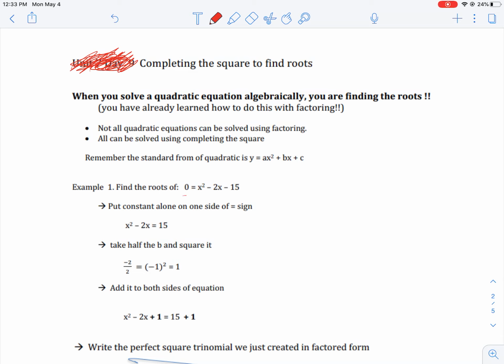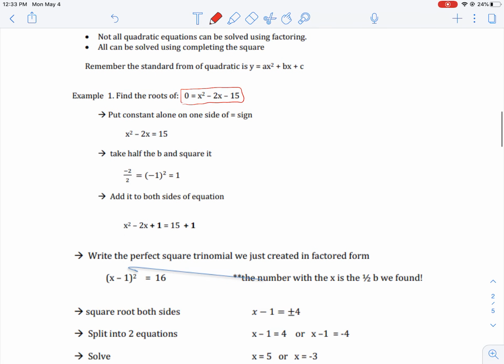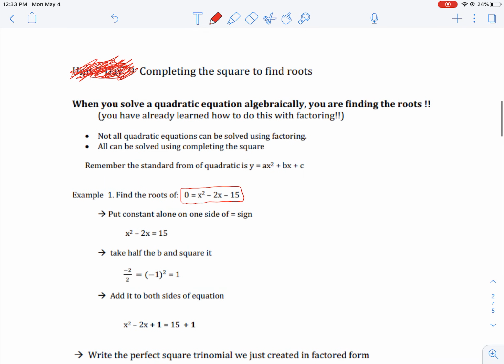So here's our equation. A lot of times when we use completing the square, it's because it's just not factorable. If we look at the factors of, well, I guess 15, 3 and 5, I guess that one will work. But let's just do it for fun. If I were to factor this regularly, we look at the factors of -15, and we would say -5 and a +3.